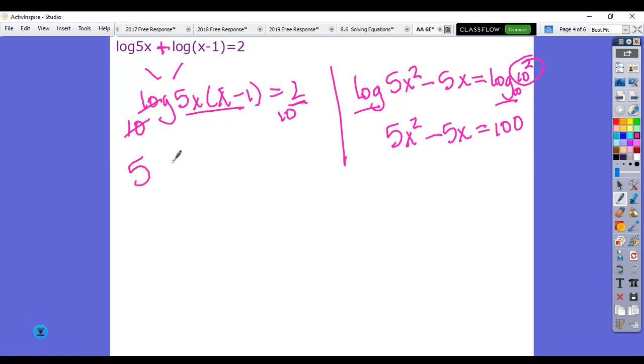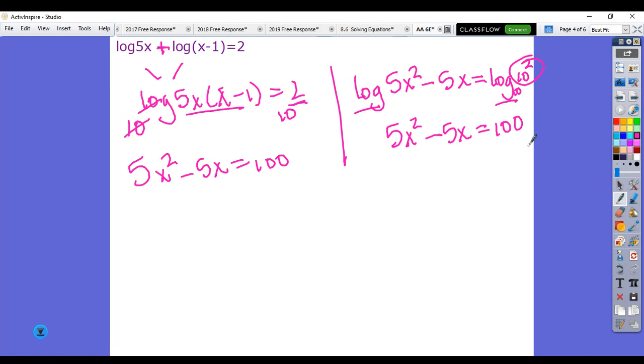I'm going to go ahead and distribute. And this is 10 squared, which is 100. Notice both of these exactly the same. So you need to decide, do you like raising both sides to the power of 10, or do you like replacing 2 with a logarithm and then setting them equal? Because they both give you the same thing.